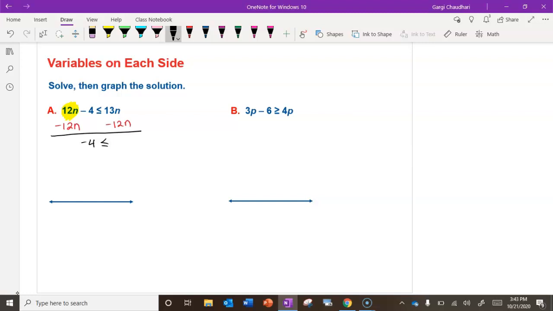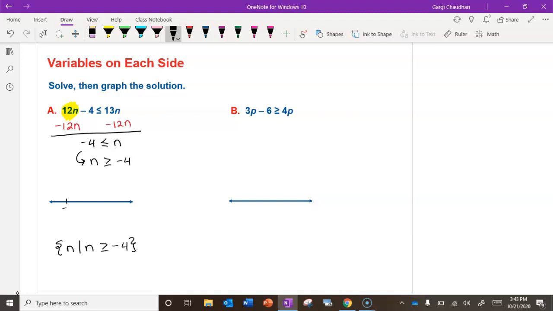So, simplifying this, I'm just going to have 1n on the right-hand side. And I'm going to rewrite this so that n, the variable, is written first. And we have n greater than or equal to -4. So I'm not changing the inequality. I'm just rewriting it so that the variable comes first. Because in set builder notation, the variable always is going to be first, just like this right here.